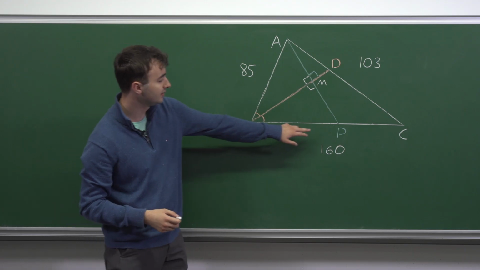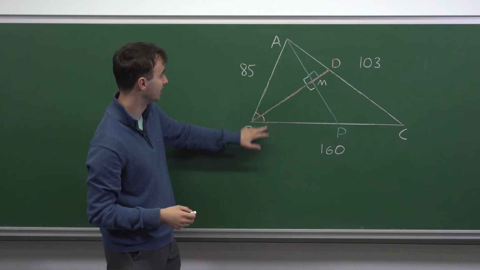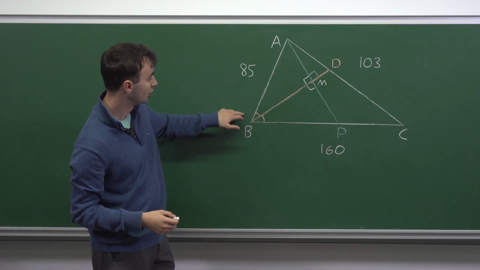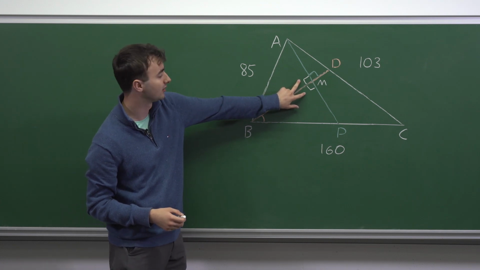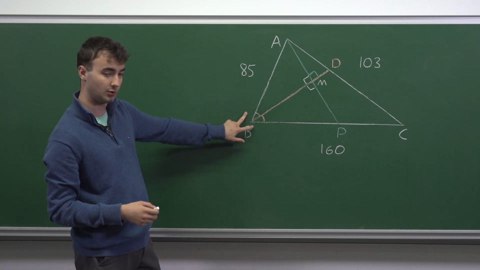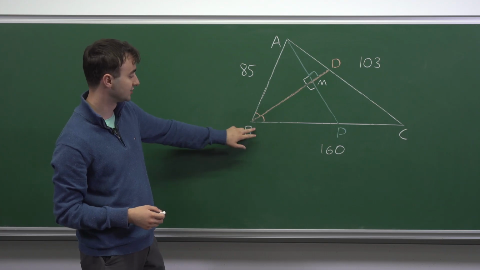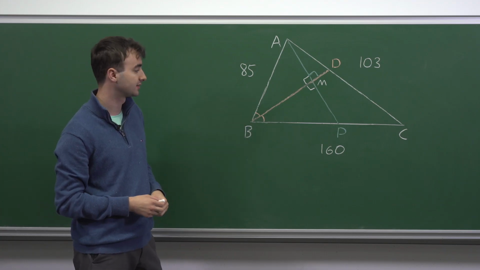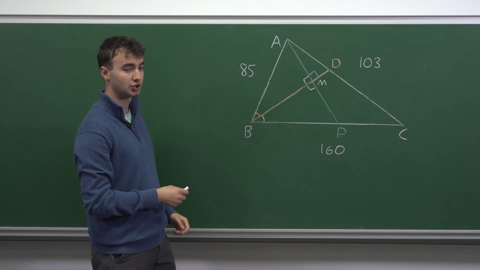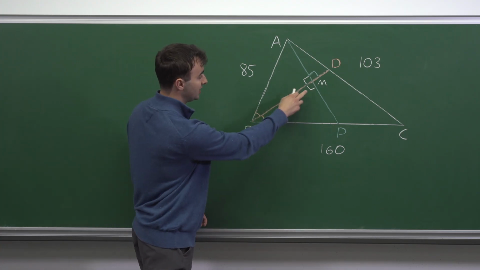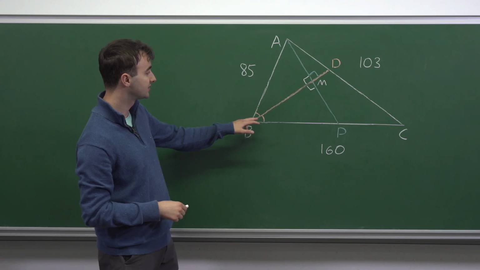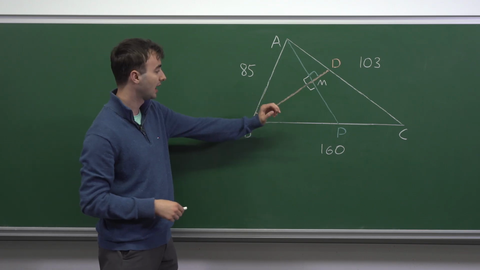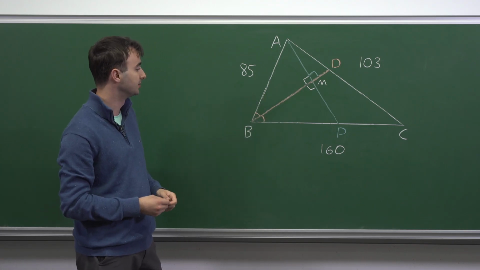We can see that in these two triangles, PMB and AMB, we have one pair of equal angles coming from this pair of right angles, another pair of equal angles coming from these two orange angles from the angle bisector, and we also have a shared side length. This length BM is common to both of these triangles.